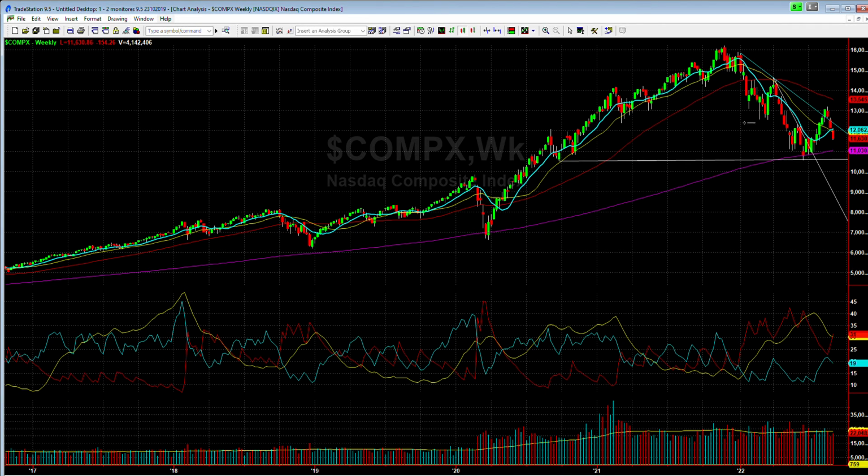I saw a resistance here, which I talked about as well. Look at this: we have a trend line which was broken up about a month ago with this green candle, and I talked about it in a video.